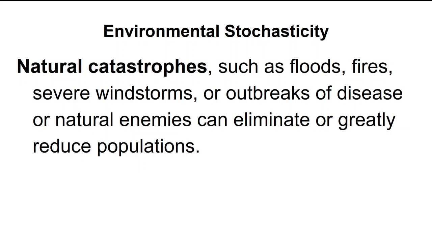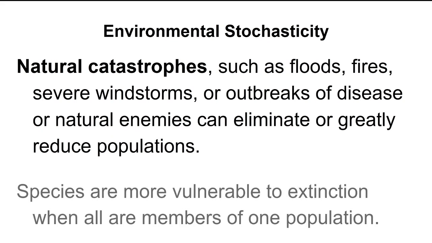Environmental stochasticity also includes things like natural catastrophes, things like floods, fires, windstorms, disease outbreaks, pest outbreaks, and that can eliminate or at least greatly reduce populations. On a species level, we might be more in danger of losing an entire species if there's only one population.